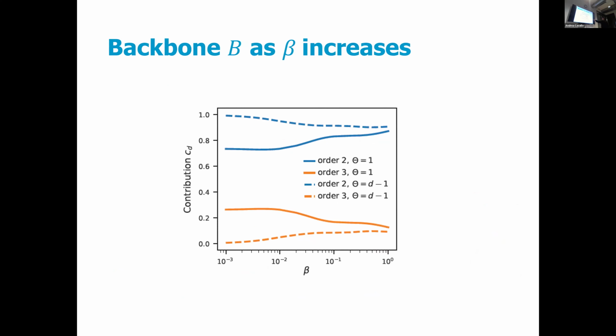But as beta increases, the contribution of order 3 hyperlinks increases to a non-zero value, because the number of infected nodes in the process increases and more high-order hyperlinks are used to infect those.